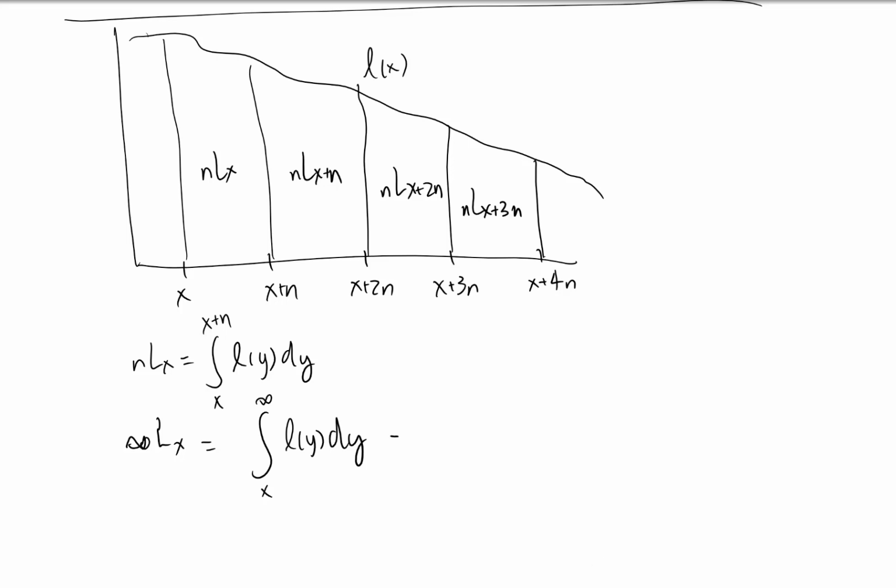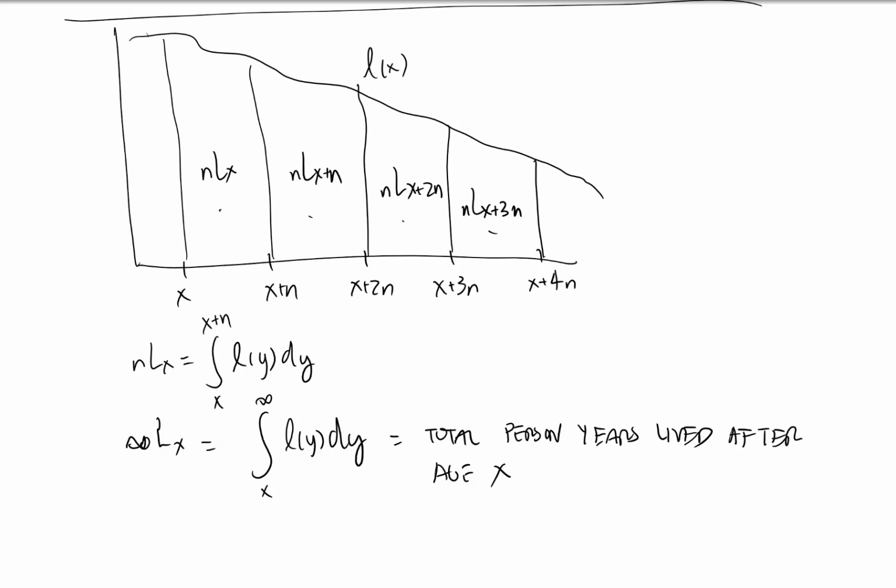This thing is going to be the total person years lived after age x in the cohort. That's just going to be the sum of each of these little boxes.